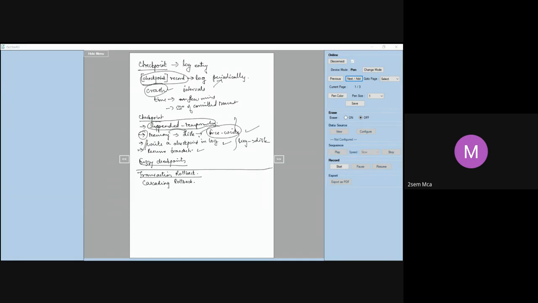Lavanya, present, ma'am. Manish, present, ma'am.